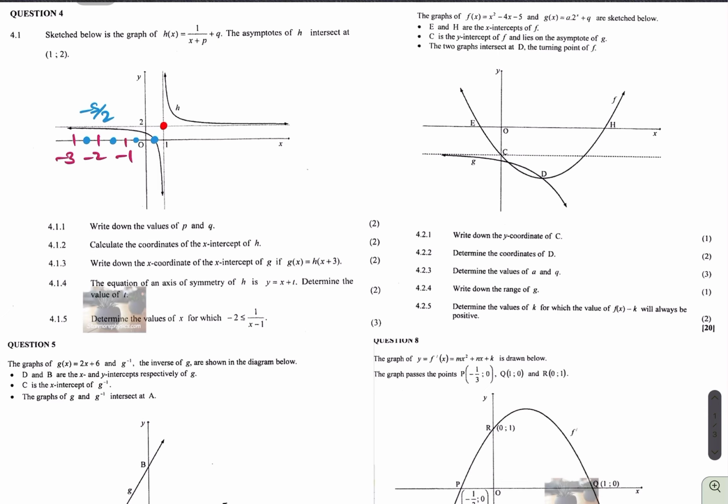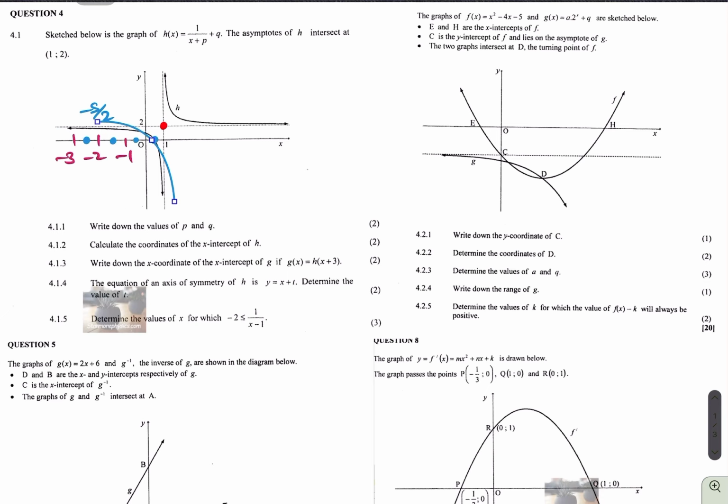So you can still reason in that way that this is where this graph of g is going to be. This is how this graph is going to behave. But it will still be below the line y equals 2. I'm just trying to draw it nicely. This is how the graph of g is going to be. Think about it.